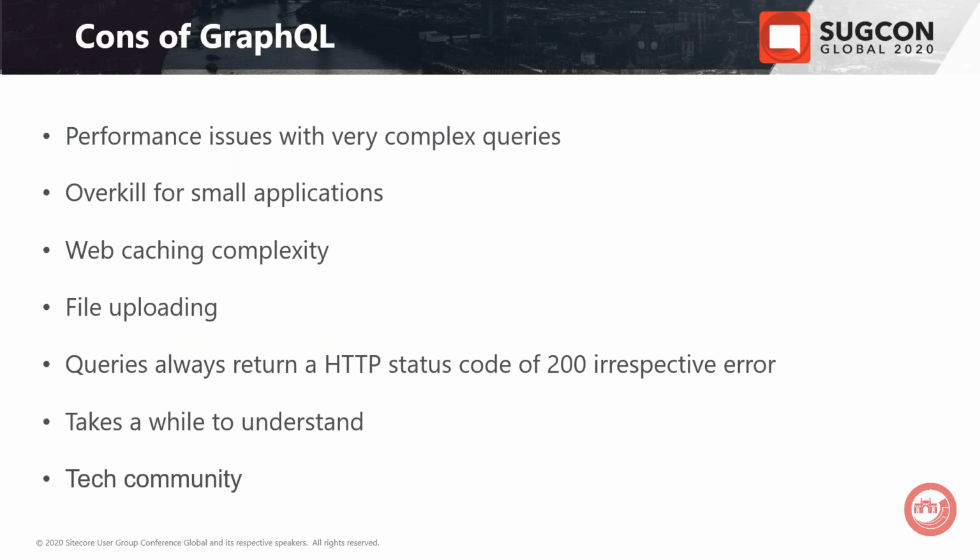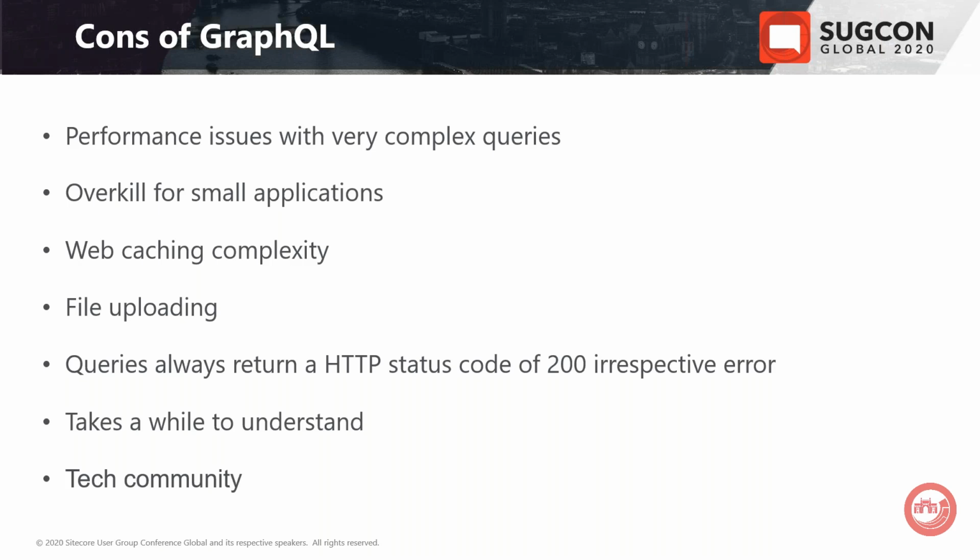Performance, yeah. Some of the cons, or disadvantages: we see some of the performance issues which I mentioned earlier. If it is a very complex query and takes a long time, Sitecore GraphQL has a mechanism to reject these queries. And it is not the best fit unless it is a very complex query. For a small application, I think we need not have this unless there's a need for nested data.